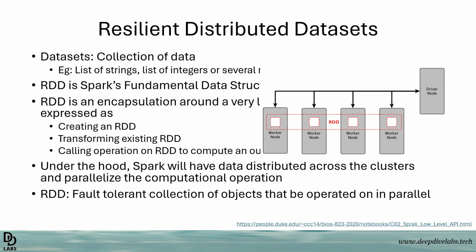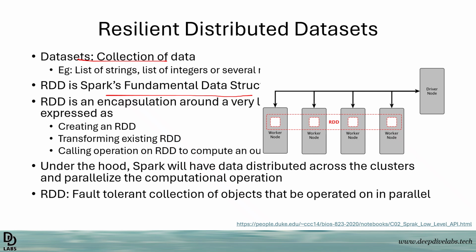RDD, or Resilient Distributed Dataset, is Spark's fundamental data structure. Dataset in itself means a collection of data. So it could be a collection of strings, a collection of integers, or several rows of a relational database. That's one way to look at it.